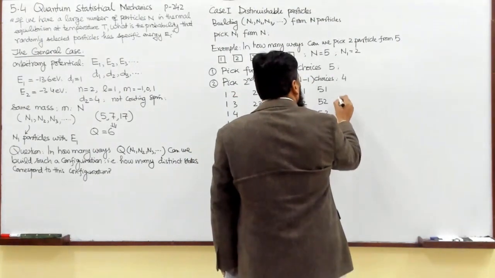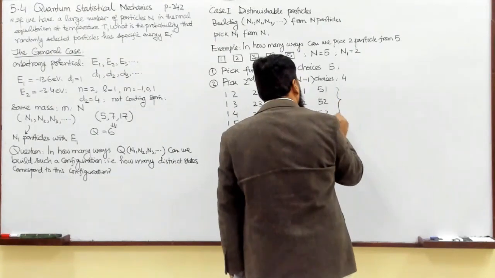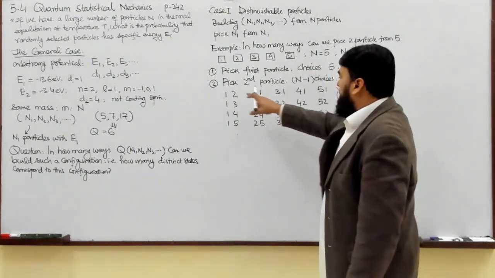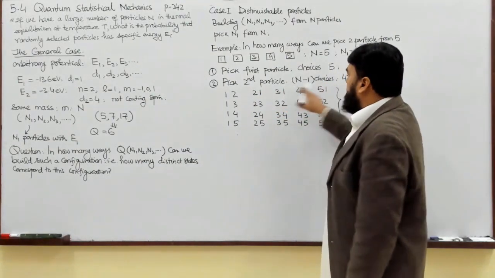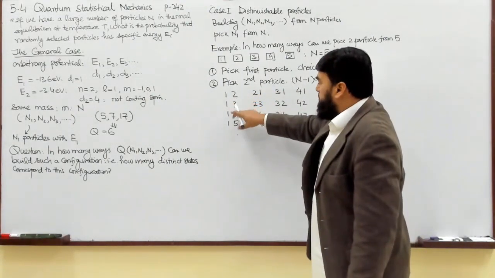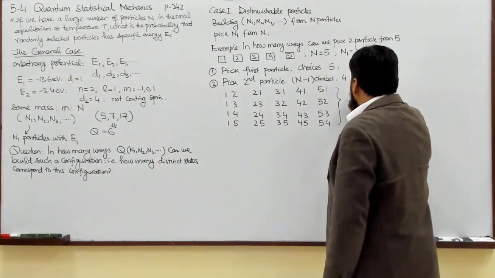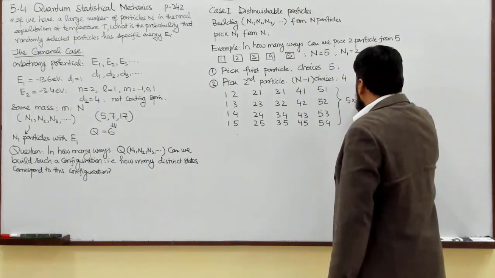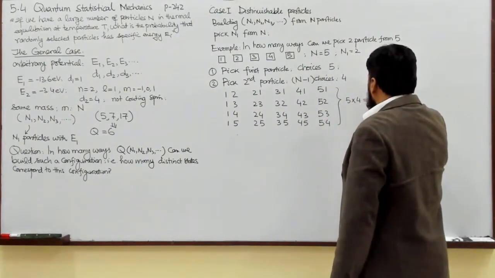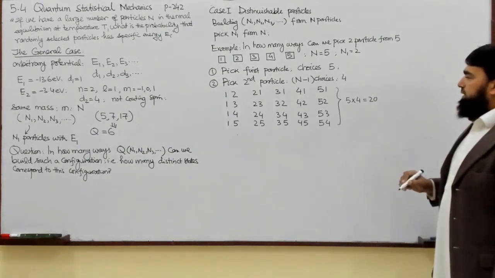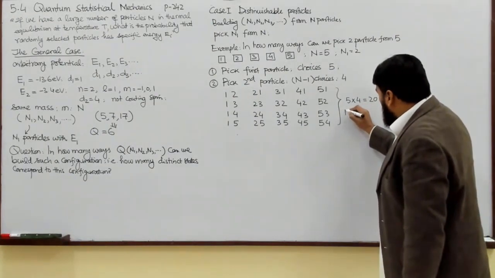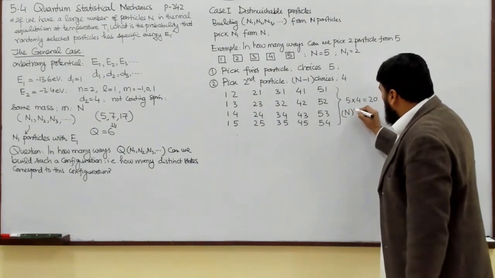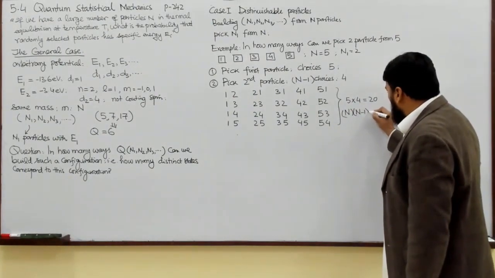So how many choices do I have? 5 into 4 choices, so the total number of choices is 20. 5 means n and 4 means n minus 1.